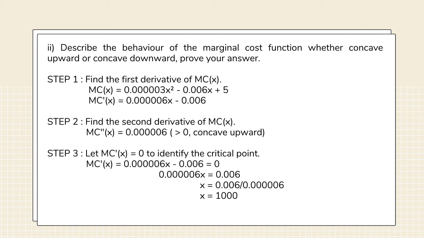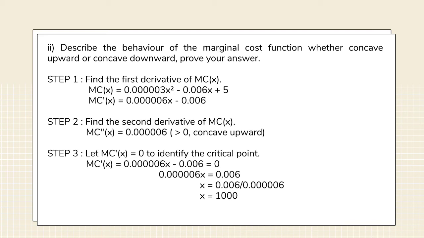Step 1, we need to find the first derivative of MC(x) and we got 0.000006x minus 0.006. Then, step 2, we need to find the second derivative of MC(x) and the answer is 0.000006. It means that the MC function of this question is concave upward because it is more than 0.